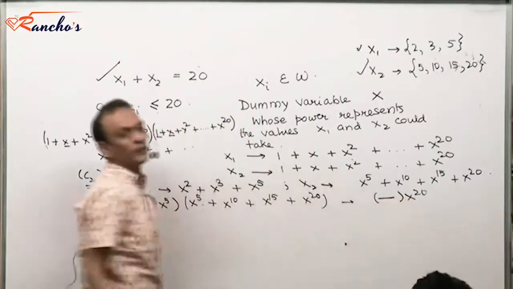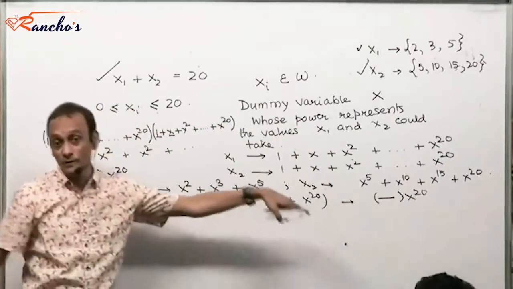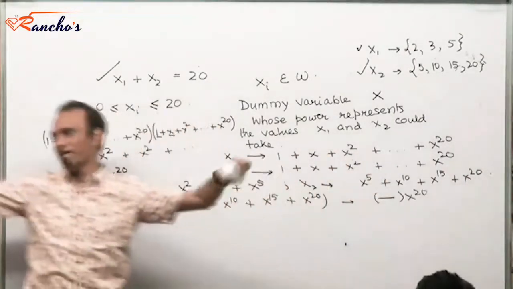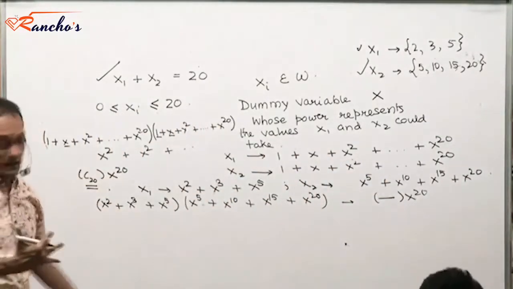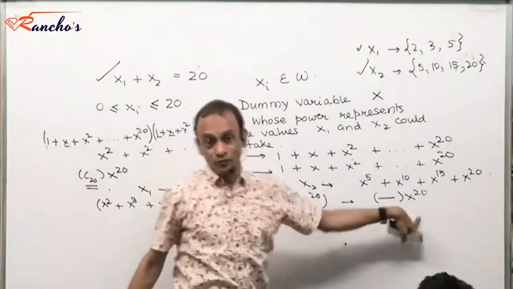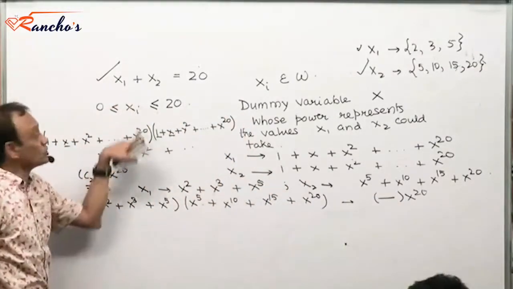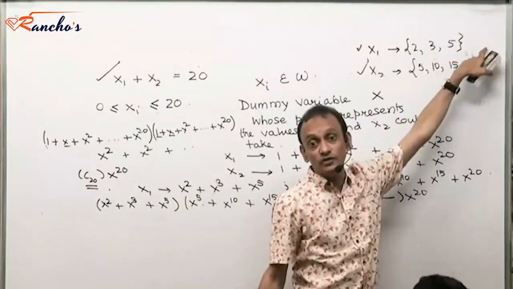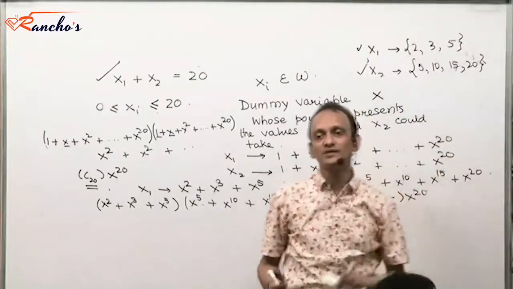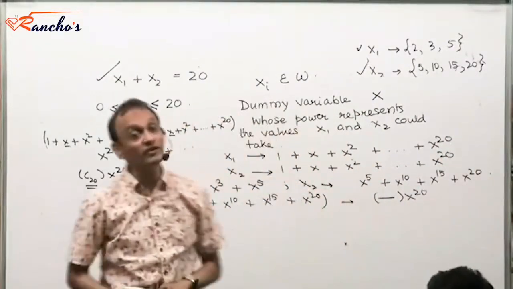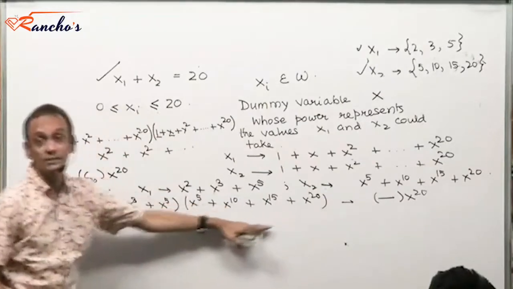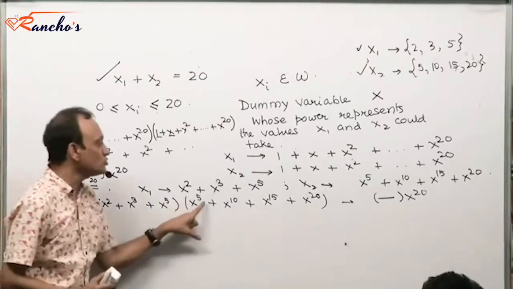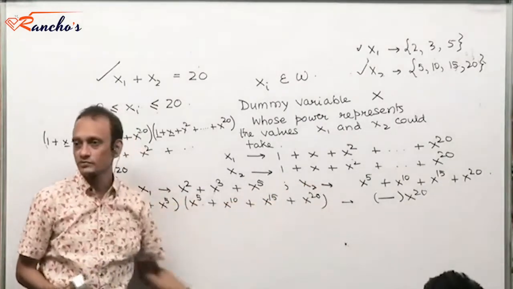When I multiply this out, x power 20 will appear in a certain number of ways, which is the coefficient of x power 20. Then the coefficient of x power 20 here would be the number of whole number solutions to this equation, given that x1 is allowed only these values and x2 is allowed only these values. Yes or no? So I will only look, in this fresh multiplication, at what restricts my x1 to take only these values and x2 to assume only these values.